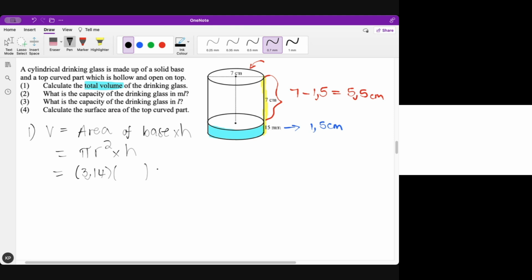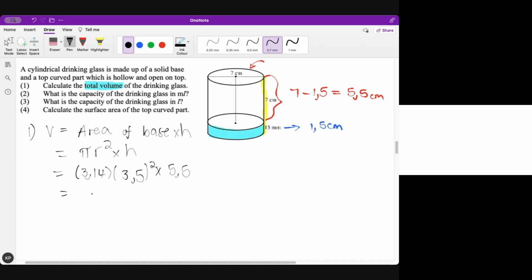I'm going to wait for you guys to tell me the radius while I fill this down. What's the radius for this glass? It's not one, it's 3,5. Yes, 3,5. A lot happened there in 2 seconds squared.